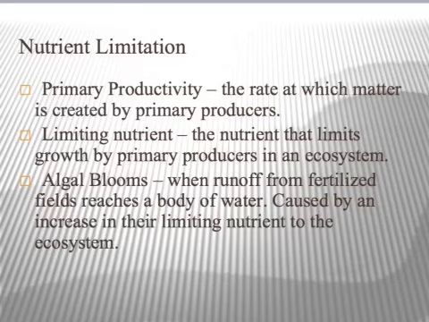They have a productivity level, and that's based on the nutrients that they get. If they aren't getting enough of a nutrient, the nutrient that is lacking is going to be considered the limiting nutrient, and this is going to limit the growth of the primary producers in an ecosystem.